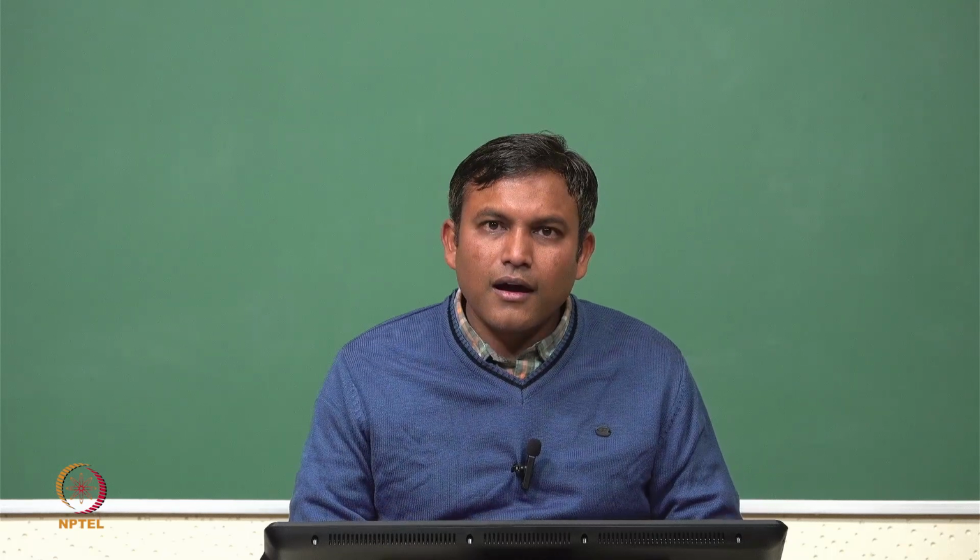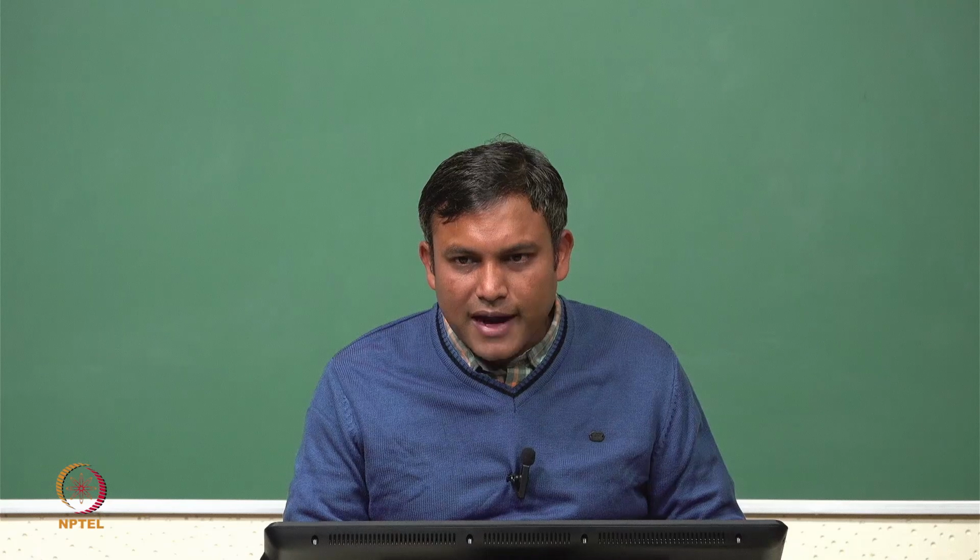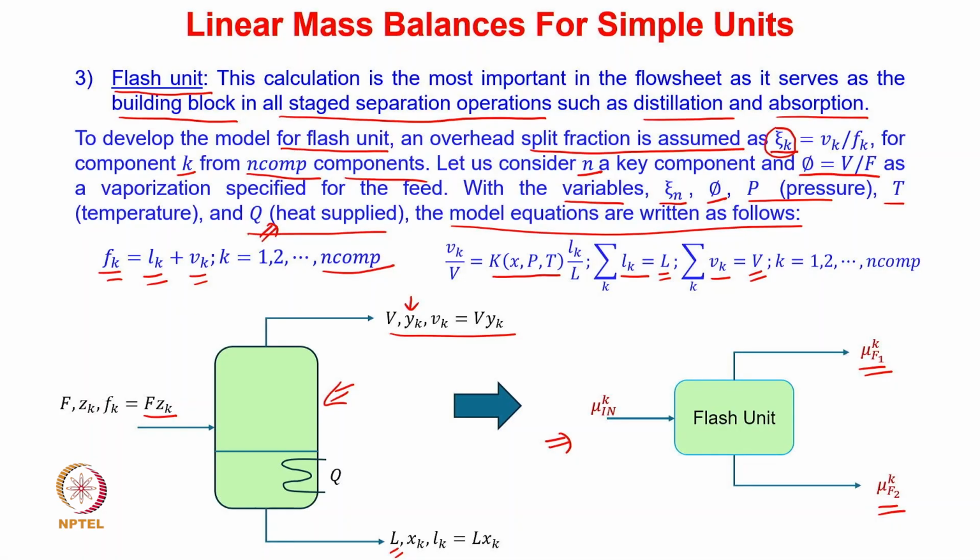So clearly the equilibrium relations have to be satisfied, and in order to make sure that they are satisfied, some mathematical recalculations are done so that whatever values we are getting are consistent. Remember, in this case we start with the assumption of a split fraction, but whether that split fraction assumption actually satisfies the equilibrium relation or not, we have to check all the time. So there we require some trial and error. That part we are going to look at in the next slide.